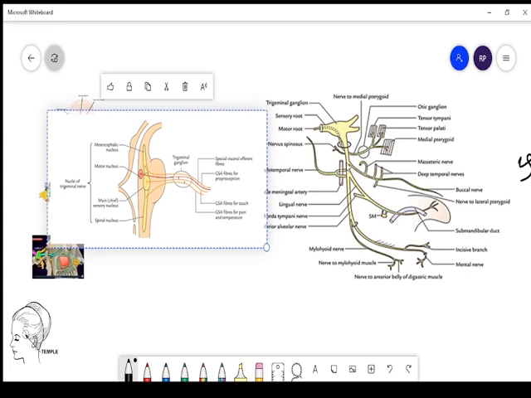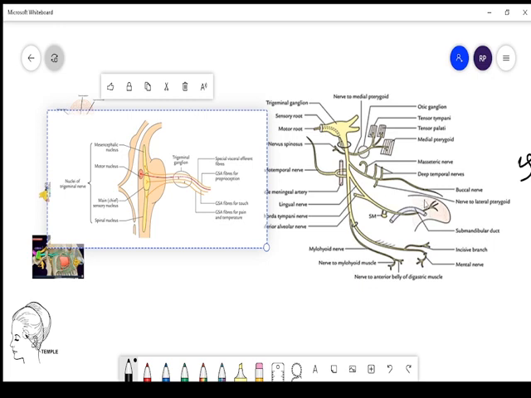Now the posterior division has started from here, and from the posterior division, this is the auriculotemporal branch. It carries postganglionic parasympathetic fibers to the parotid gland. And this is the lingual nerve. This lingual nerve supplies the anterior 2/3 part of the tongue. The tongue is divided into 2 parts, anterior 2/3 and posterior 1/3.